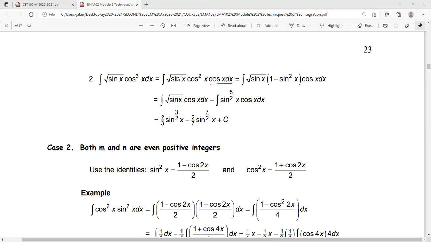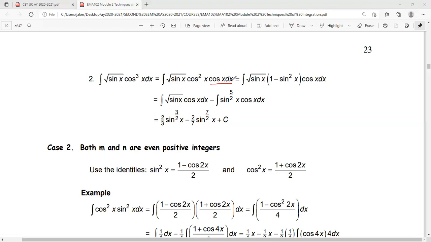Now, since these two are not the same functions and we're not to do anything about this, you convert the cosine squared of x into the sine function, or its equivalent identity having the sine function. That way you can combine it with the square root of the sine x here. Now, why would you do that? It's because the sine function has the derivative cosine.